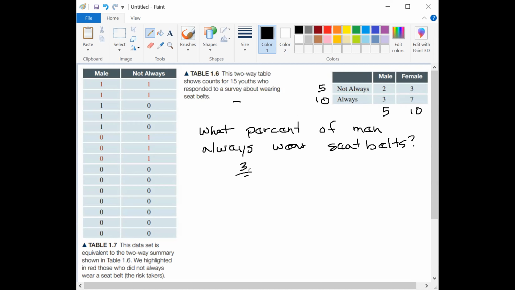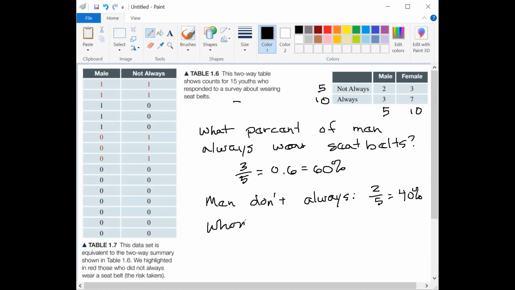And so you get 3 out of 5, which equals 0.6 or 60%. All right. If we wanted to find, what percent of men don't always wear their seatbelts? We could do 2 over 5, which is 40%.